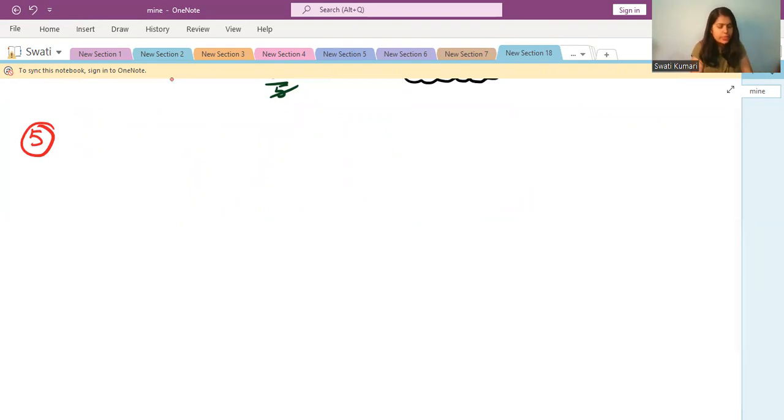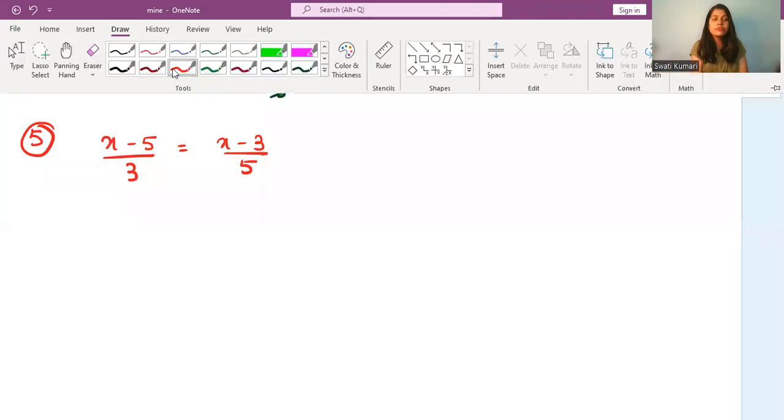So the next question is, we have to solve x minus 5 upon 3 equals x minus 3 upon 5. This is almost a similar question which I have already solved, but still I'm going to solve this question for you guys.